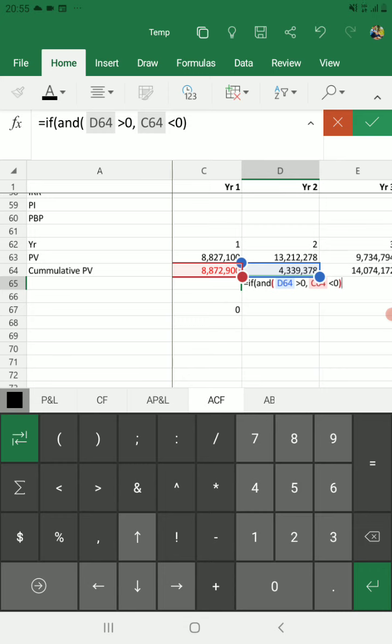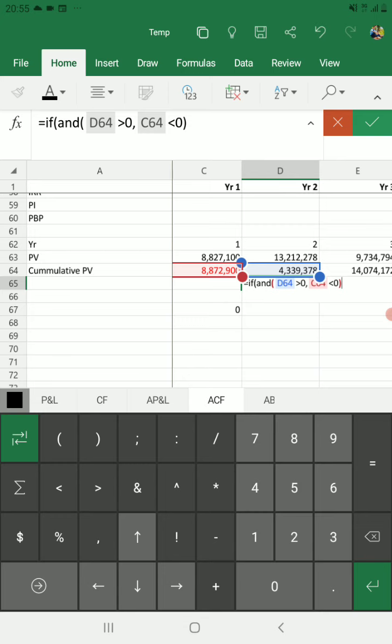So if this previous figure is negative and the current figure of cumulative PV is positive, then what we do now is interpolate.